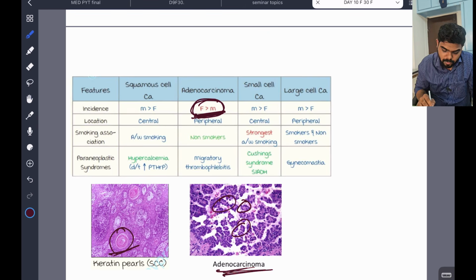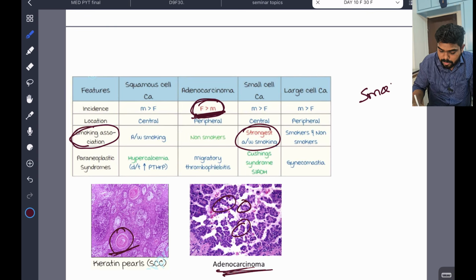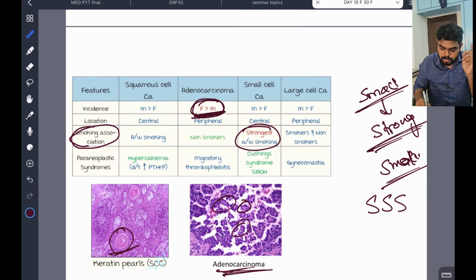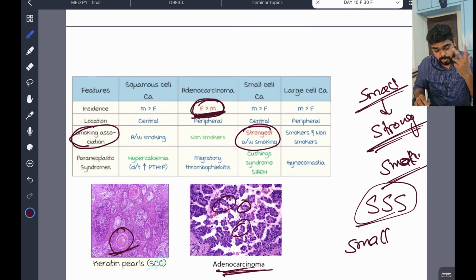Clear? Simple. Okay. And we have another very important point: smoking association. The strongest smoking association is with small cell carcinoma. Small cell is having the strongest association with smoking, S. So small is not small, he is strong.